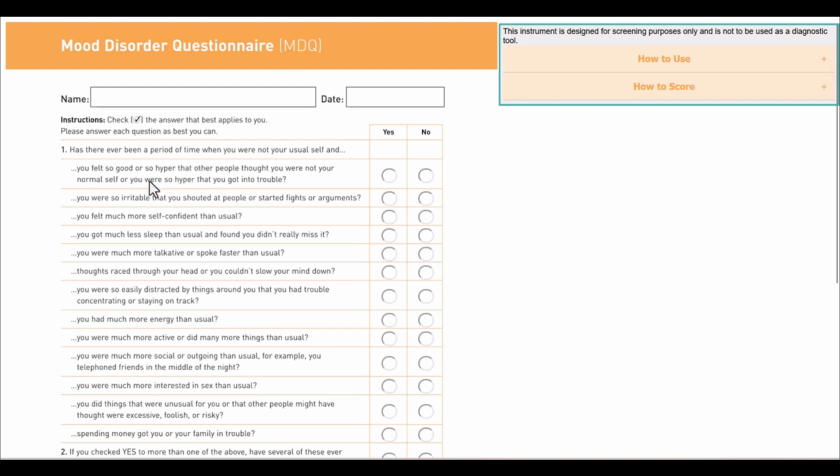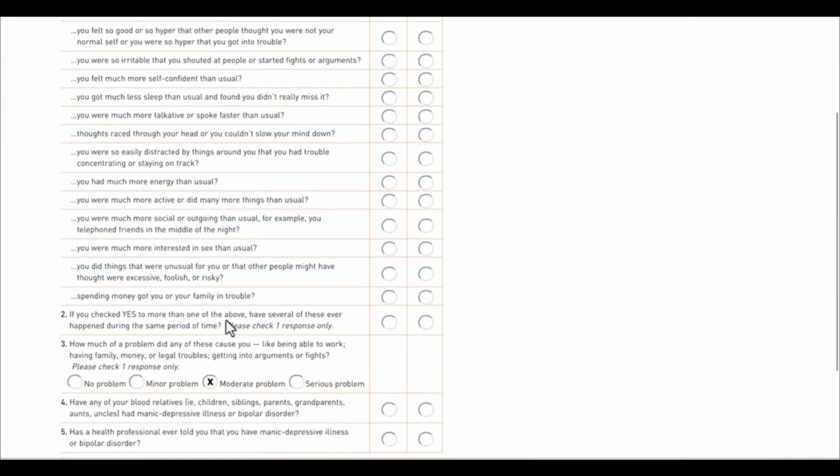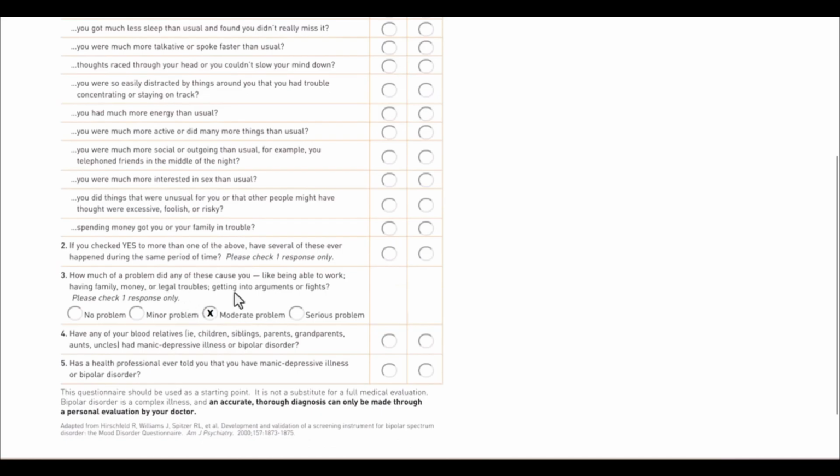So this will be question 1, then question 1 yes, and question 1 no, and we'll go all the way down here, and this will be a separate category, and then this will be a separate category as well. So I'm just going to quickly switch all of these over.